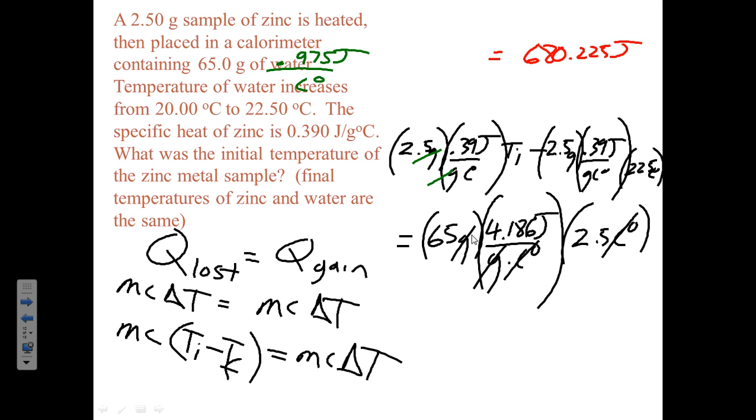I may not quite get through here, guys, so let me just get this set up real quick. Multiply that out: 2.5 times 0.39 times 22.5. And you guys can finish solving it from here, I think. I'll let you finish that from there.